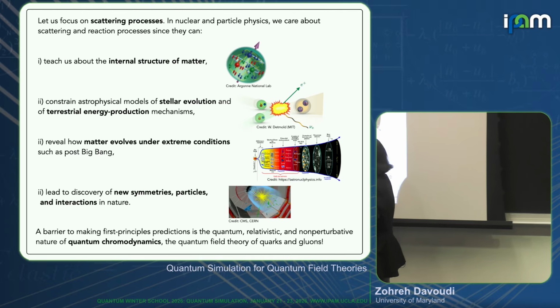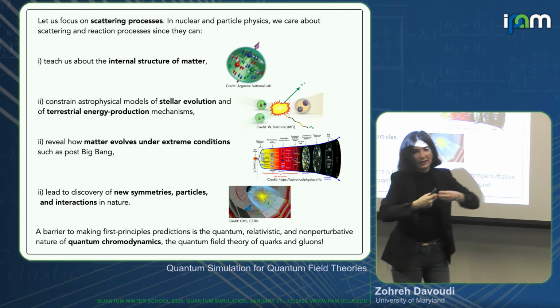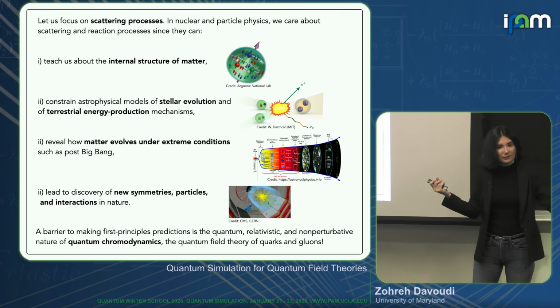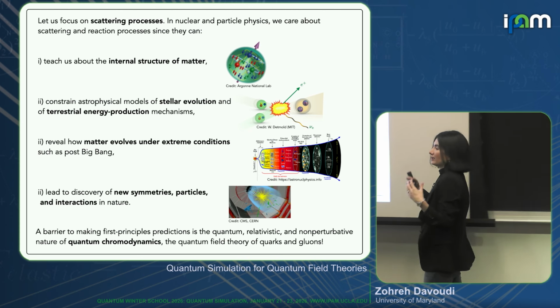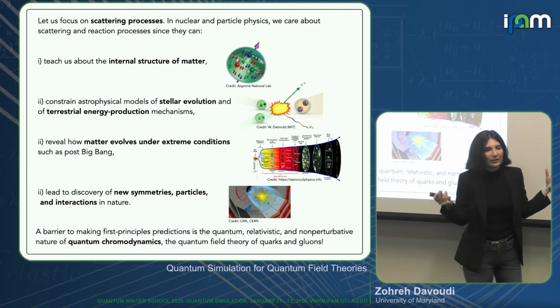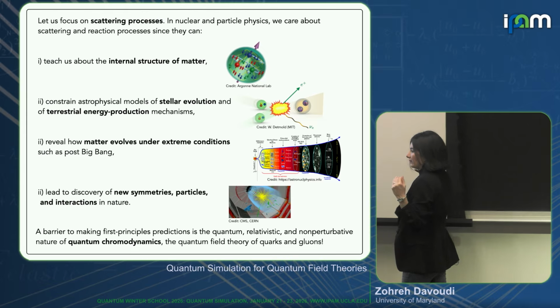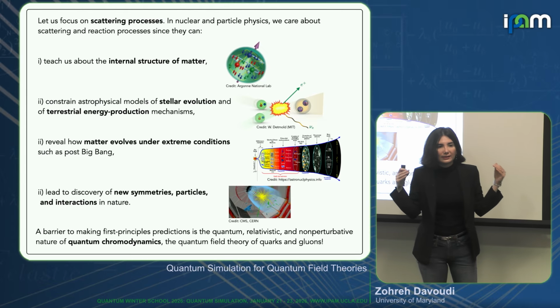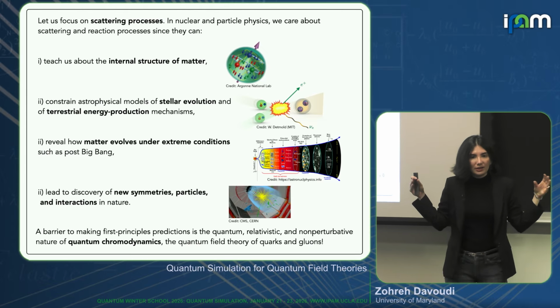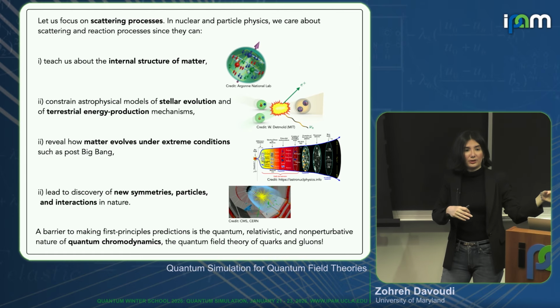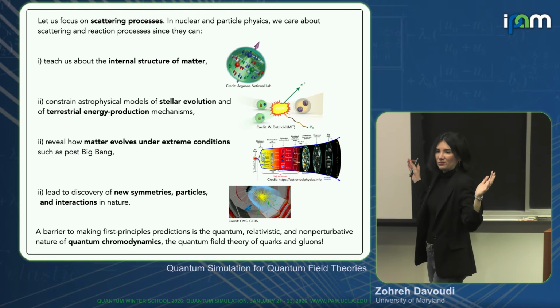They were able to smash particles together to the level where they disintegrate into their constituent particles, and as a result you can learn something about the internal structure. So it would be really exciting to be able to describe these high-energy scattering processes from a fundamental level using our simulation tools. Let's say that we can do that.